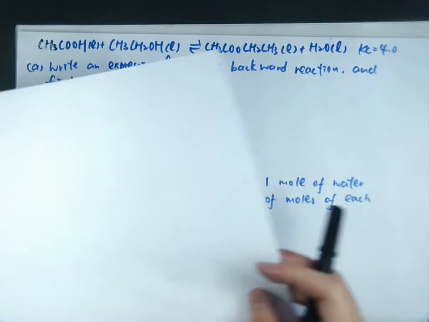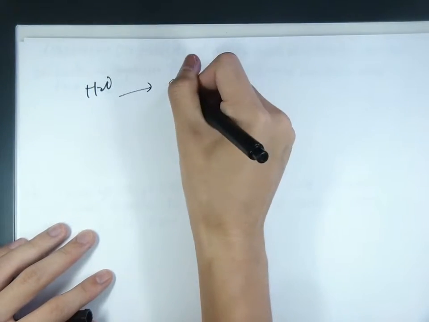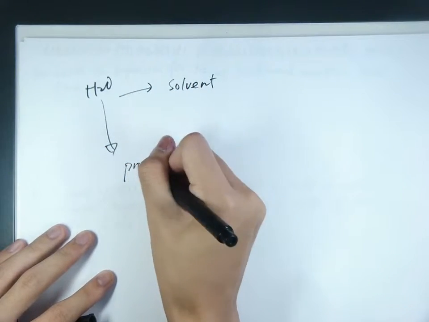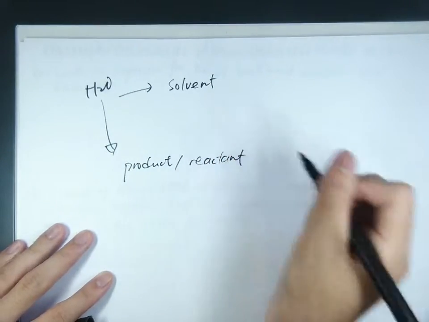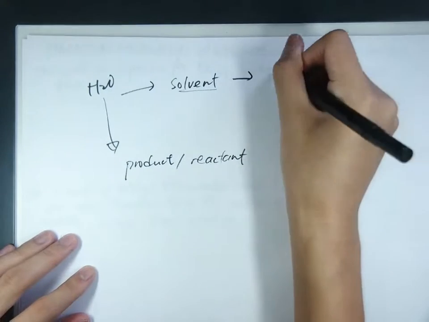So, in this video, I would like to talk about some special cases, okay? Water is sometimes a solvent and it is sometimes a product or reactant in a reversible reaction, okay? If it is a solvent, it will be large in excess, right?